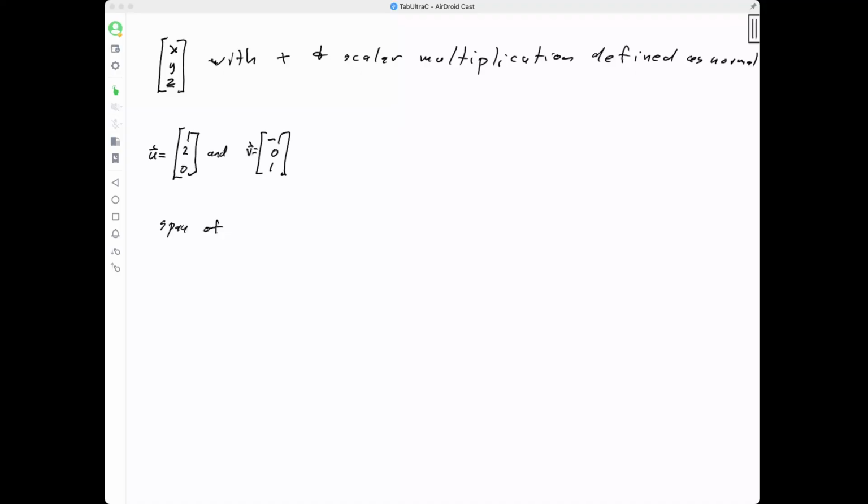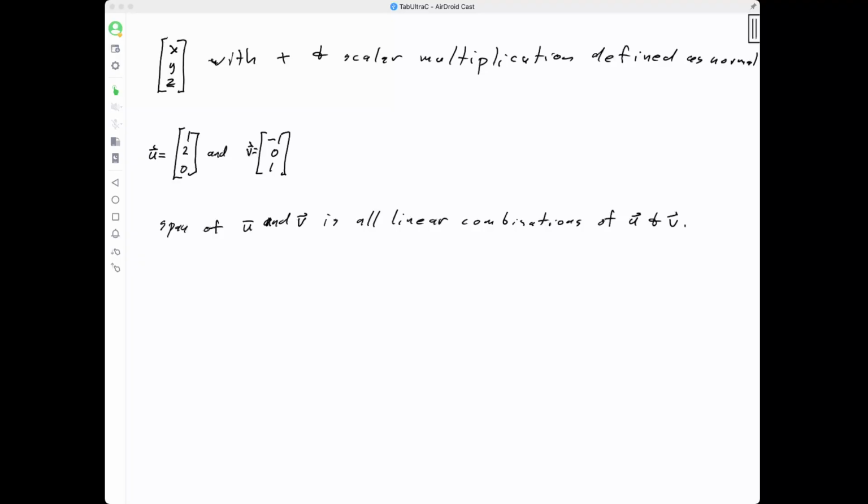The span of U and V is all linear combinations of U and V. So what do I mean by it's all linear combinations?